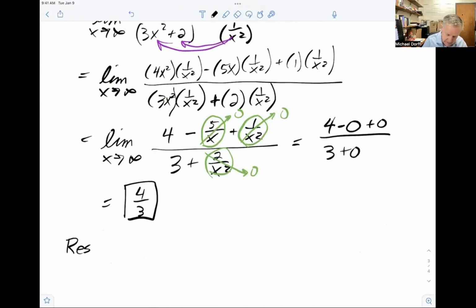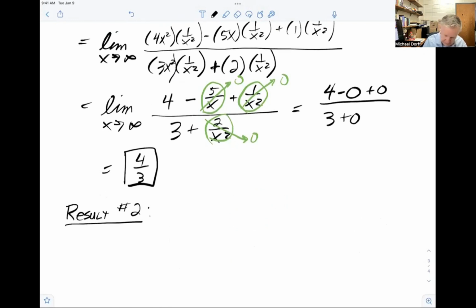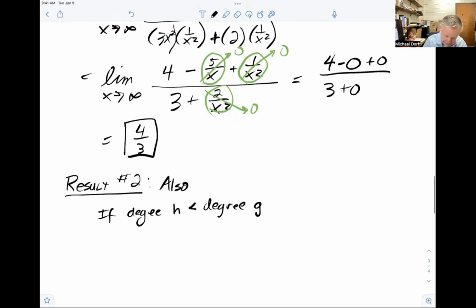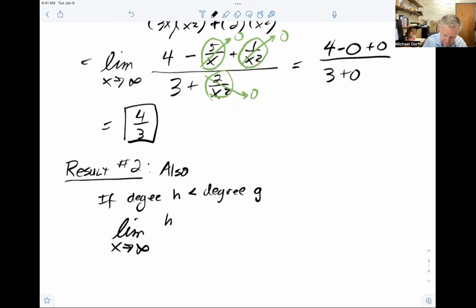Let me continue with result number 2. There's just a couple more parts I want to put in here. So also we have the following: if the degree of h is less than the degree of g. Now remember, we were looking at this limit of h over g. So if the degree of the top part, the numerator, is less than the degree of the bottom, then that's going to equal 0.